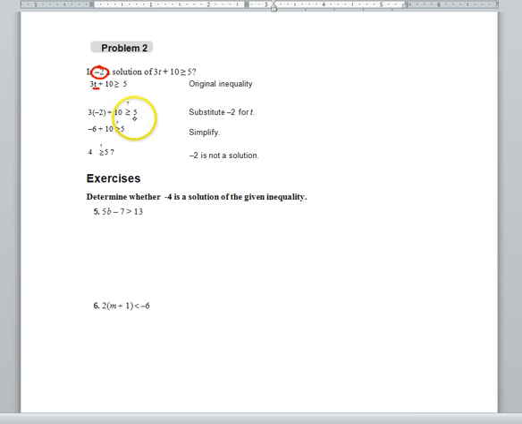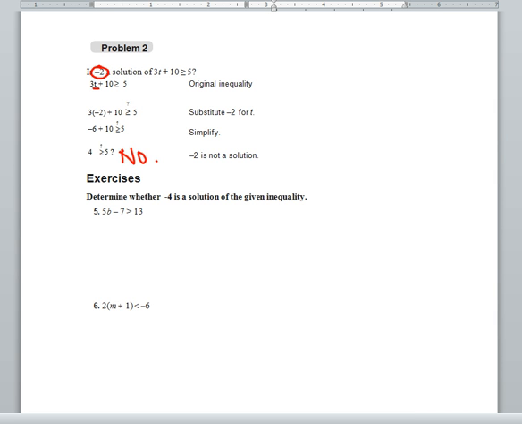We're trying to determine whether that's true. That's why there's a little question mark above that greater than or equal to sign. So then 3 times negative 2 is negative 6, and negative 6 plus 10 is 4. So then you have to ask yourself, is 4 greater than or equal to 5? And it is not, so negative 2 is not a solution.